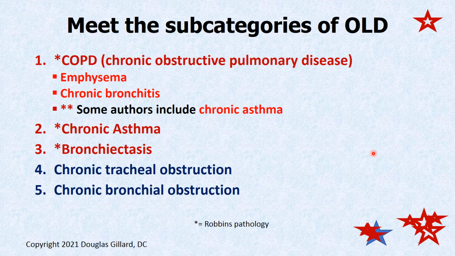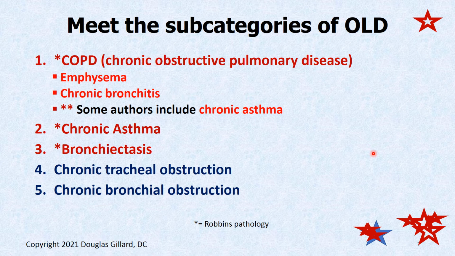So this is a guaranteed test question, right? These are so easy for me to make a question, and so easy for boards to ask. So you've got to know this slide. Make a note card. Who are the obstructive lung disease subcategories?